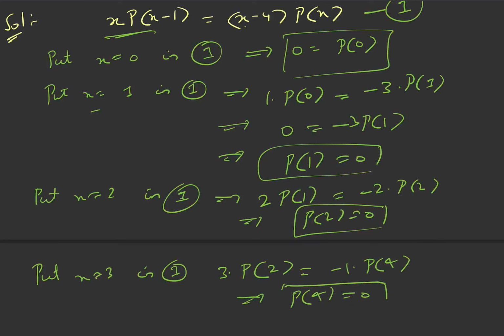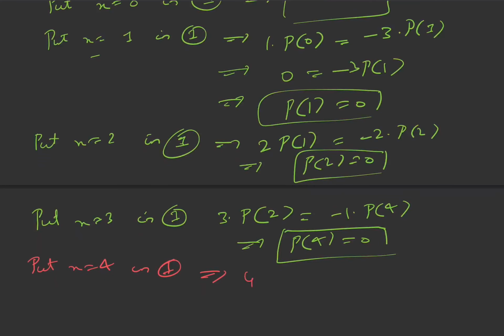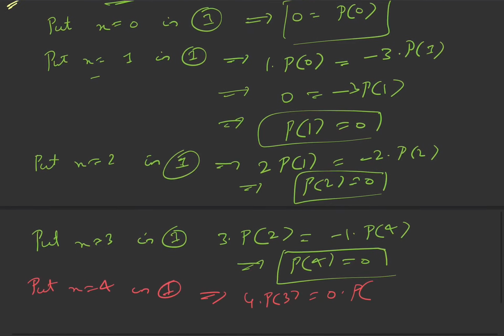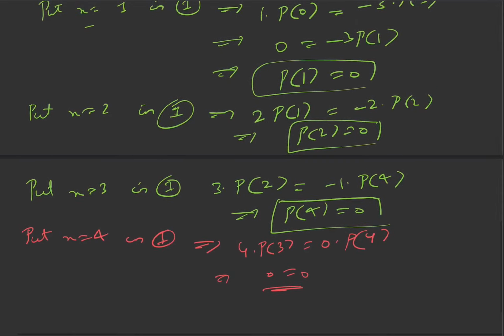So this will give p of 4 is also 0. Now if you put x is equal to 4 in equation 1, then you will get 4 into p of 3 is equal to 0 into p of 4, right? So simply you will get 0 is equal to 0.